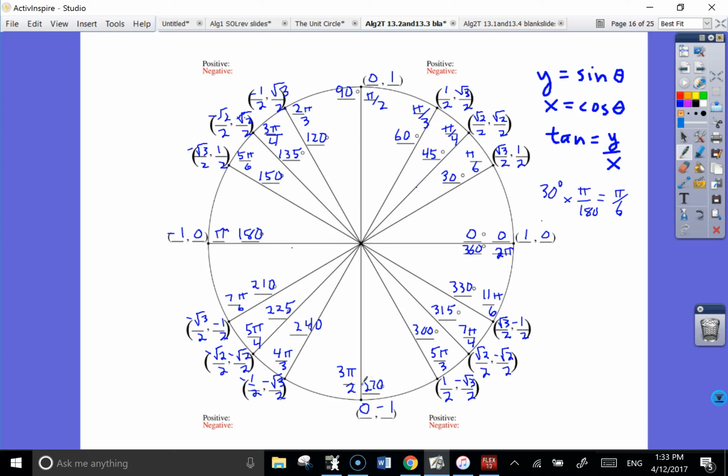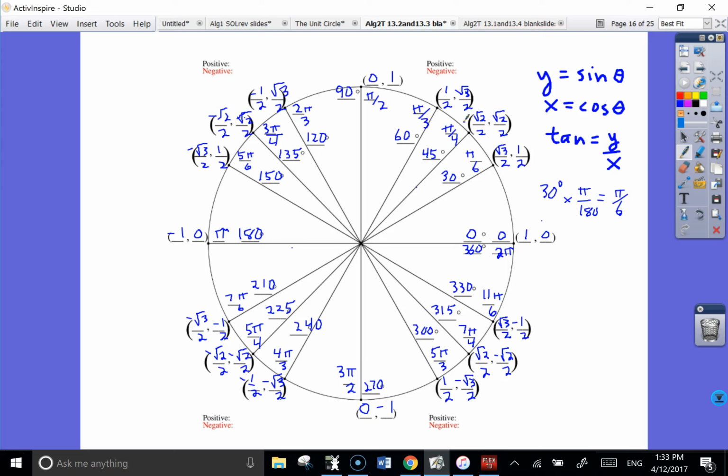What if it said, what is the tangent of pi over 4? Remember, what did it say about the tangent right there? It's y over x. Okay, so pi over 4 is right here. What is the square root of 2 over 2 divided by the square root of 2 over 2? 1. Right? Anything divided by itself is 1.